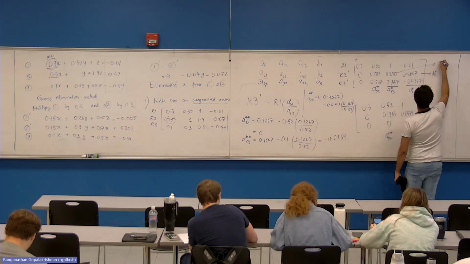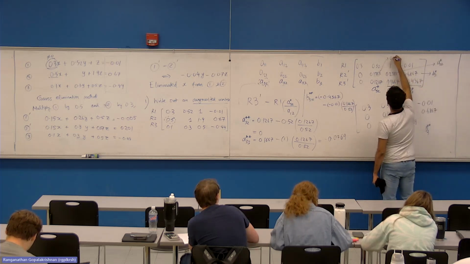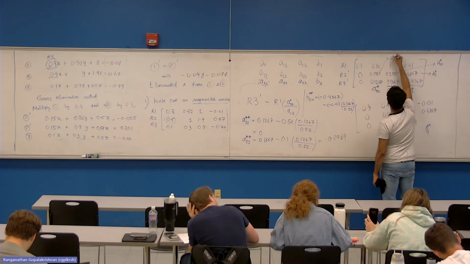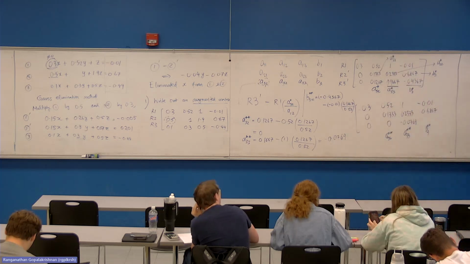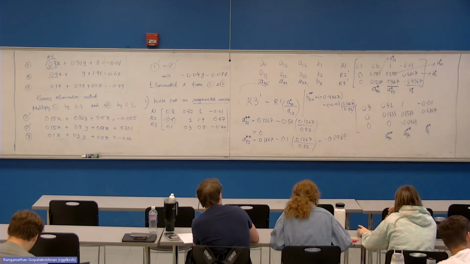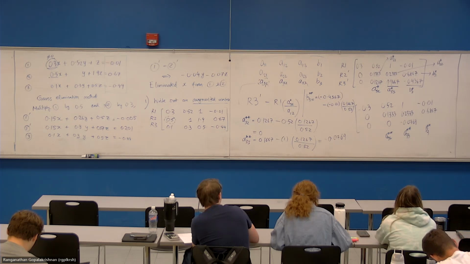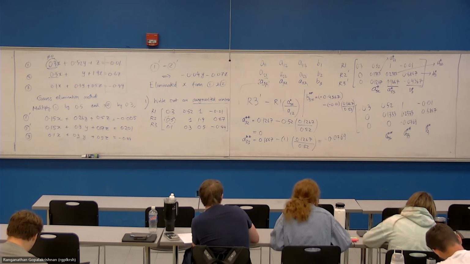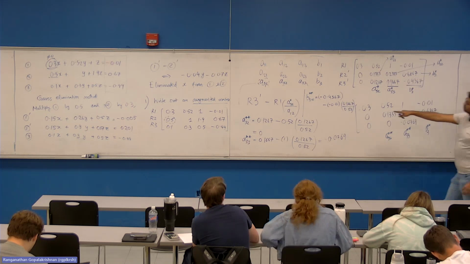This is A22 star. This is A21 star. Each star represents a next iteration. What is this number?